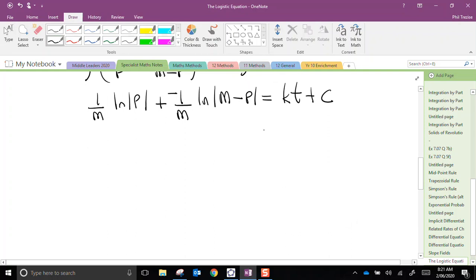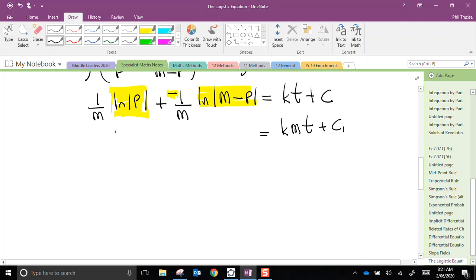Let's multiply both sides by this m. So I would have k times m times t, and then m as a constant times c is just a new constant of integration. The left-hand side then, I would still have the ln of p here minus the ln of this bit, because I multiplied by positive m.